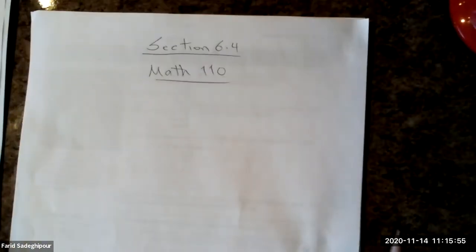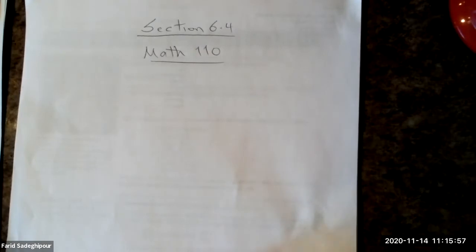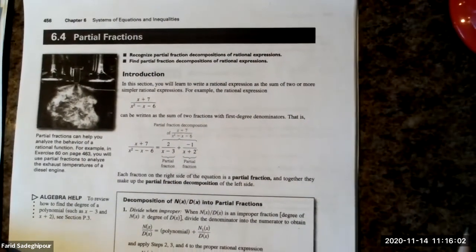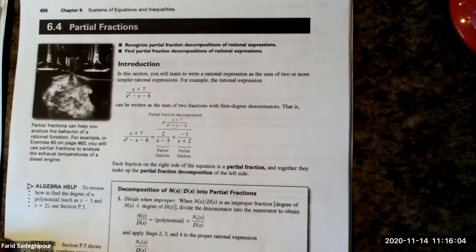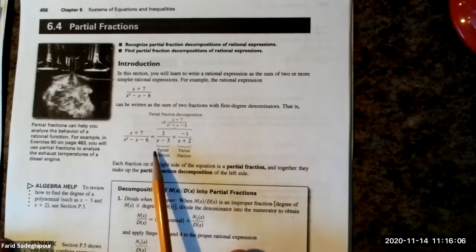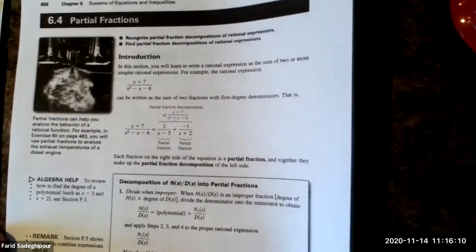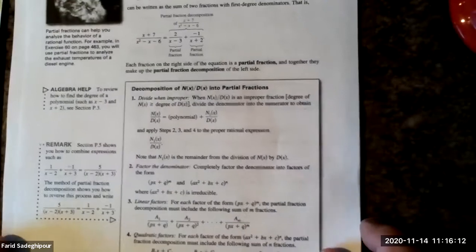The next section is 6.4. In this section, it shows you how you could take fractions and break them into a sum, into partial fractions. And it shows you different equations to use. It's like when you do long division.